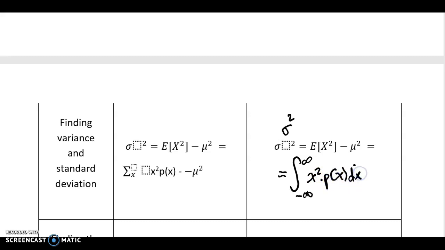Oh, that shouldn't be p of x, it should be f of x. Yes, f of x dx, and then subtract the mean squared. And then, once again, the standard deviation is just the square root of the variance.